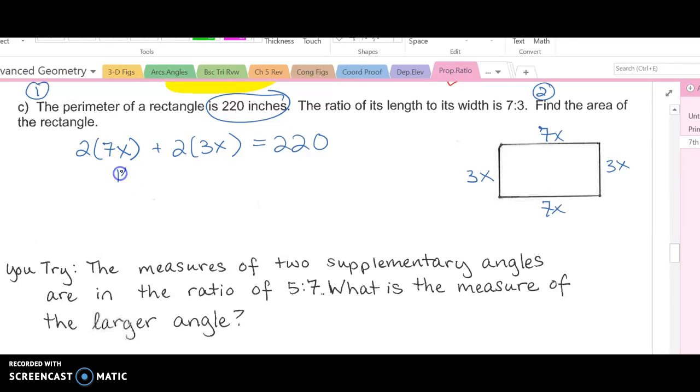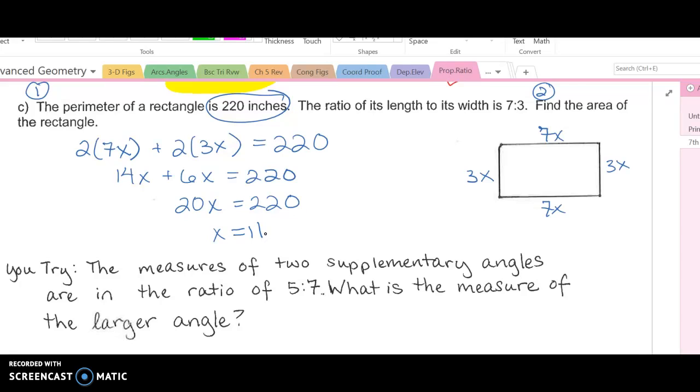Right? So that gives us 14x plus 6x adds up to 220. So 20x equals 220. Or x equals 11.